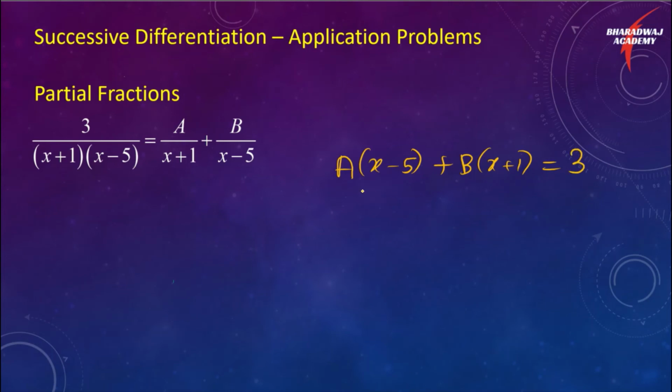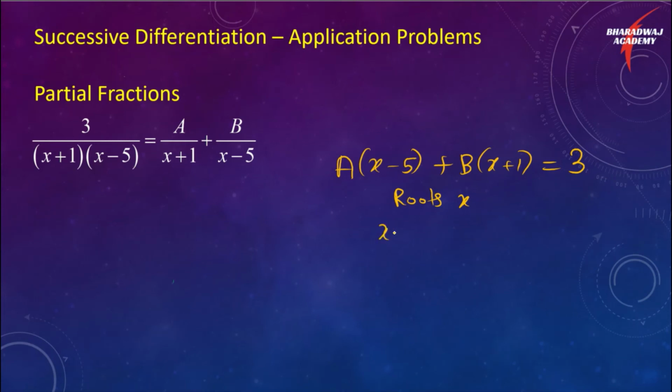In order to find the values of a and b, we need to substitute the roots of x. Now x has two roots here. If you substitute x is equal to 5, you'll get this cancelled. If you substitute x is equal to minus 1, this gets cancelled. So apply the roots separately.